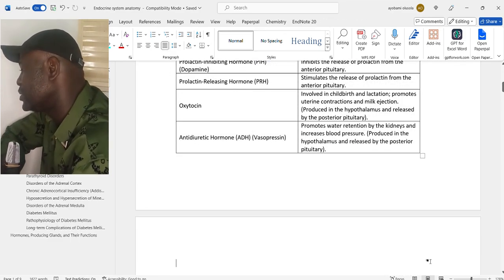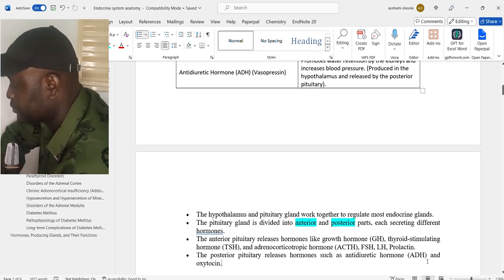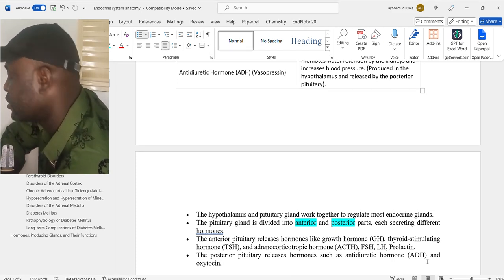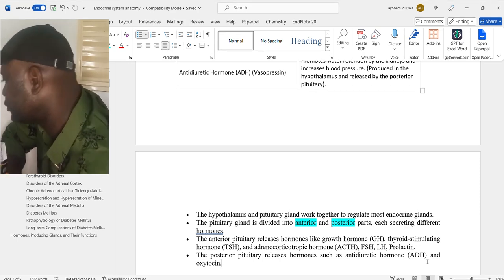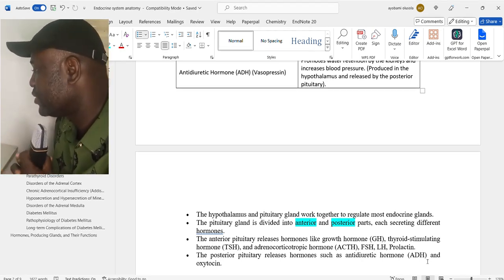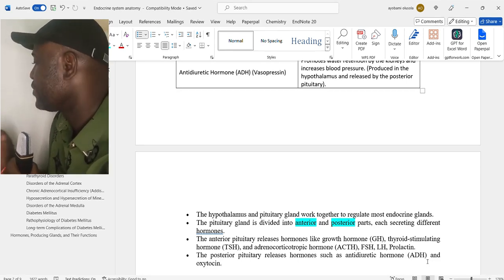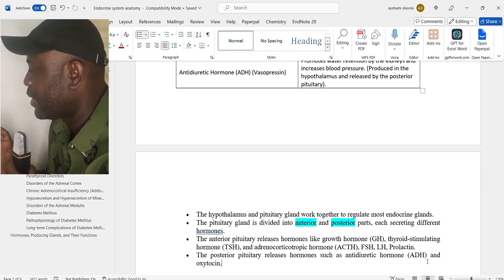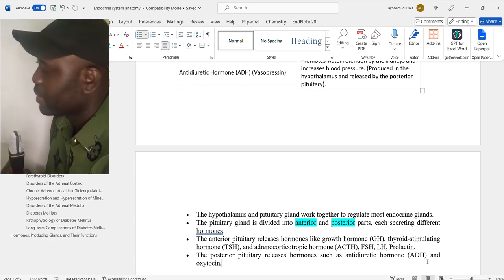So let's talk about the relationship between the hypothalamus and the pituitary gland. We'll come back to this table. The hypothalamus and pituitary gland work together to regulate most endocrine glands. The pituitary gland is divided into two. We have the anterior pituitary, otherwise known as the adenohypophysis, and we have the posterior pituitary, otherwise known as the neurohypophysis, and each of these parts secretes their own hormones.